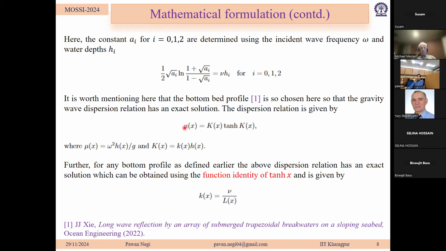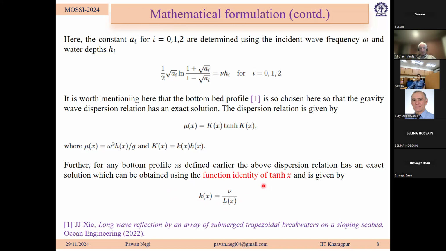Now, as I have said, following the approach of Xie, the dispersion relation will have an exact solution if we choose a particular type of bathymetry that I have shown beforehand, and the wave number will be explicitly given by this form, mu by L(x). So you can put the value of x equal to x naught or something, and then get the corresponding wave number.